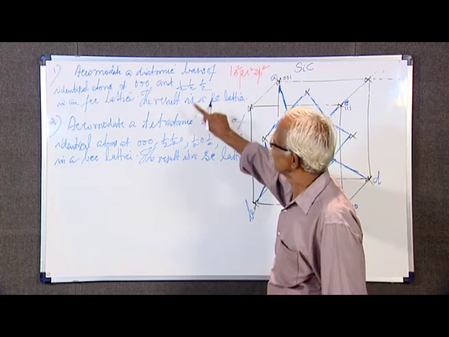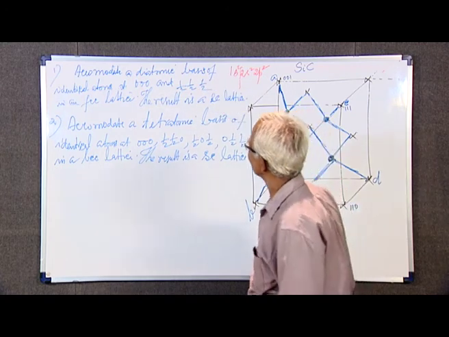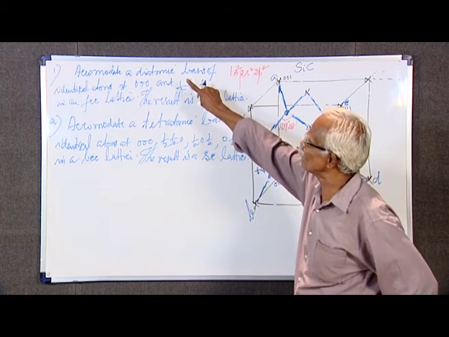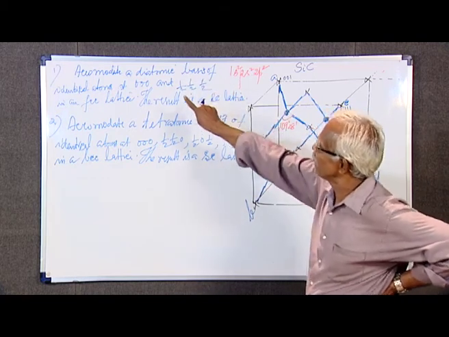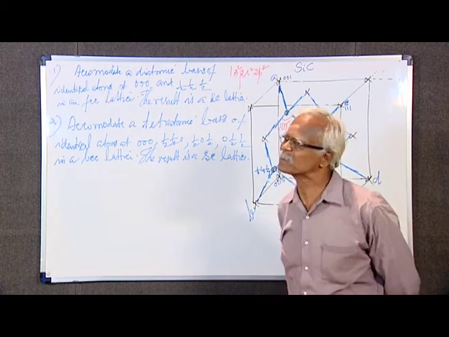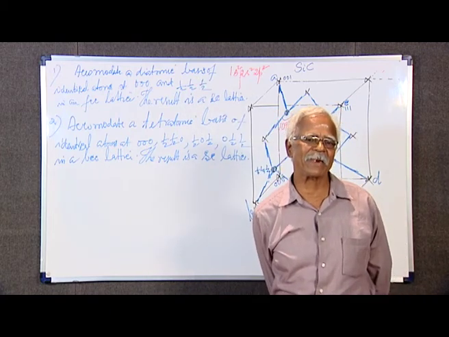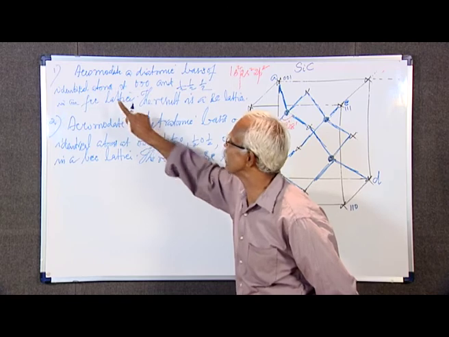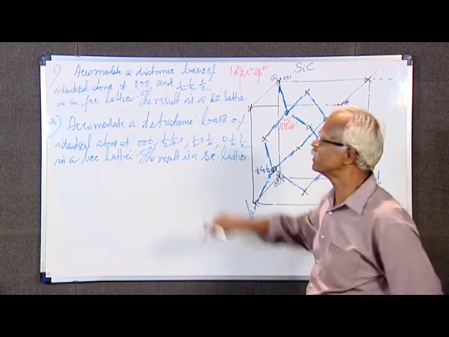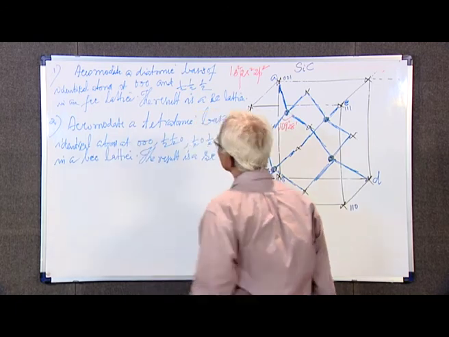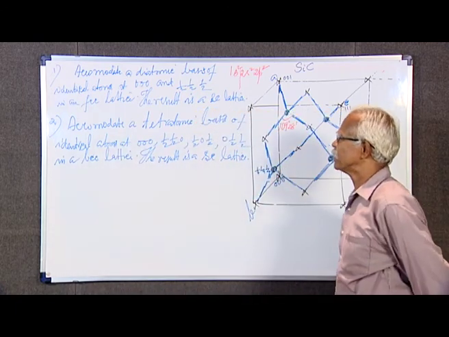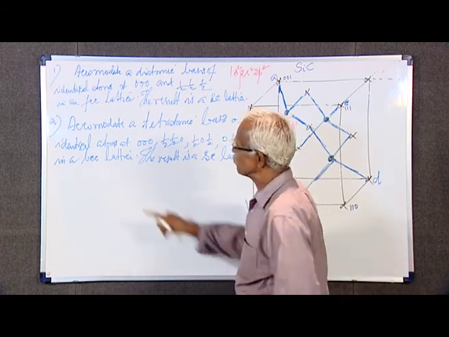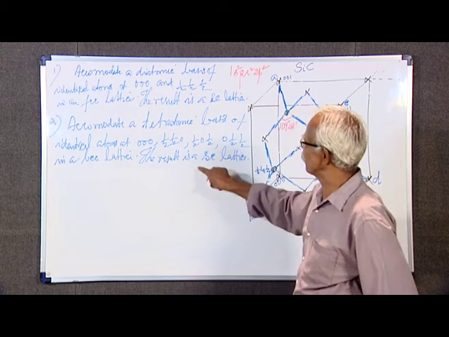If you are shrewd enough, you will see what one is doing here. A diatomic basis of identical atoms is equivalent to taking a body centered lattice. So, you multiply a BCC with an FCC lattice and you get a simple cubic lattice. The second one, the tetratomic basis, is equivalent to taking an FCC lattice and multiplying it with a BCC lattice, so you again get a simple cubic lattice.